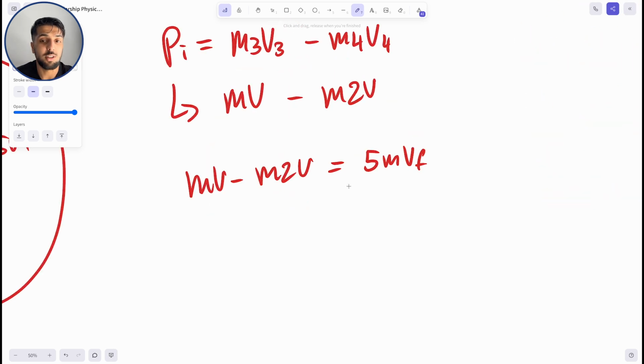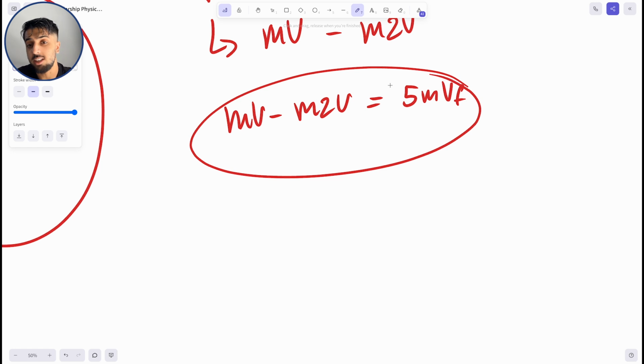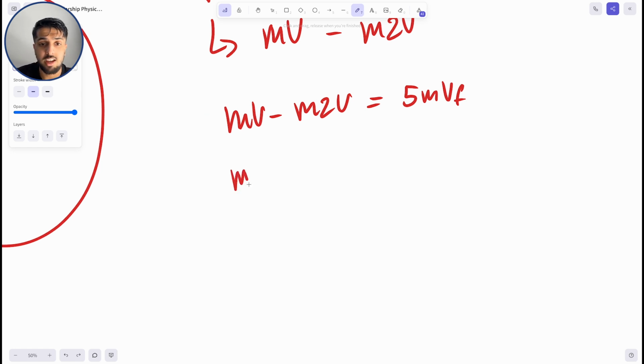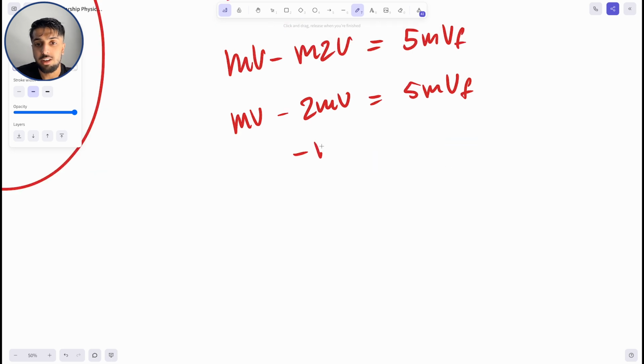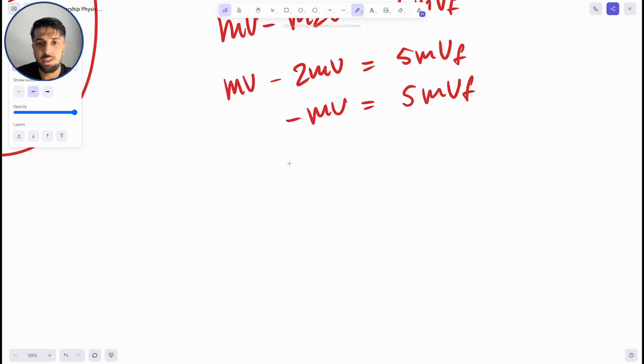We don't know the final velocity, but we can use that final velocity to find the new location of the center of mass. Rearranging this to make it easier for our calculations, we can say that mv minus 2mv is equal to 5mvf. And therefore, negative mv is equal to 5mvf. Dividing both sides by 5m, we get negative mv all over 5m is equal to vf.